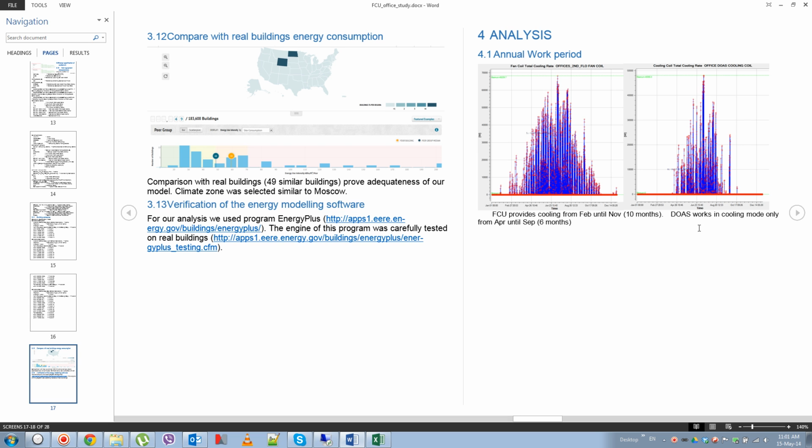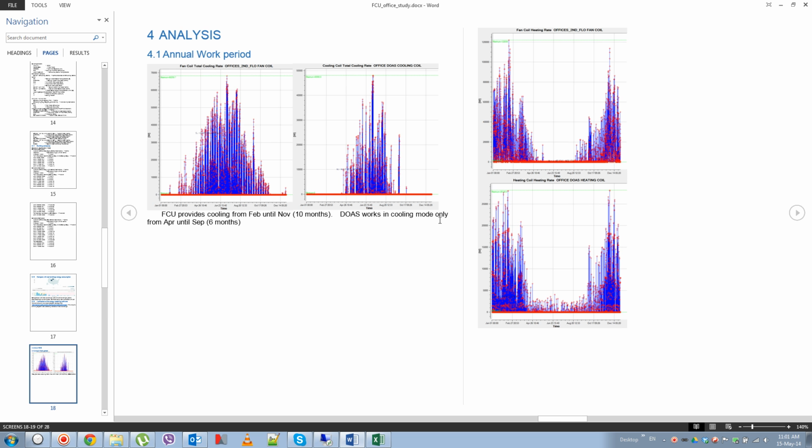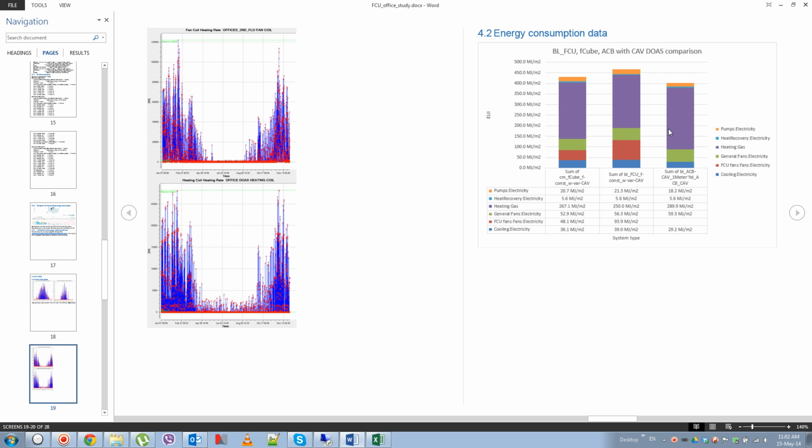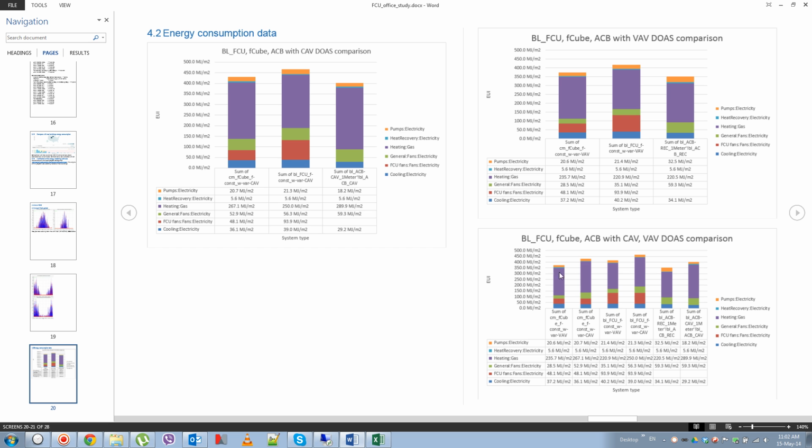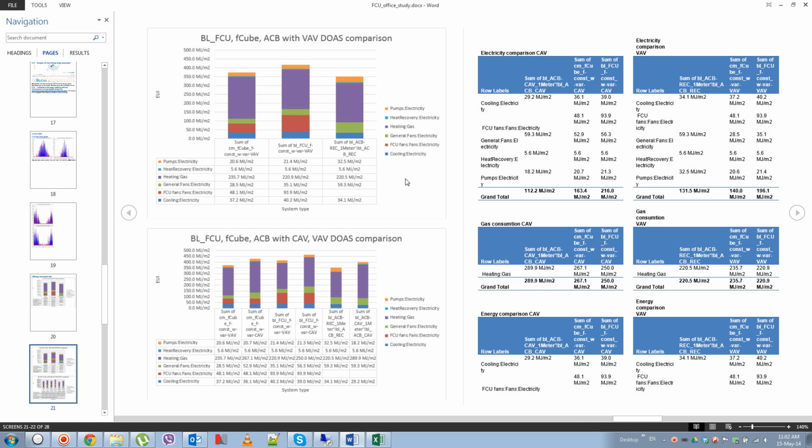This is for fan coils. This is for air handling. These cutting edges are because of free cooling operation. This is the same, but for heating. This comparison will be accumulated into one table after that, so I will not stay on this.